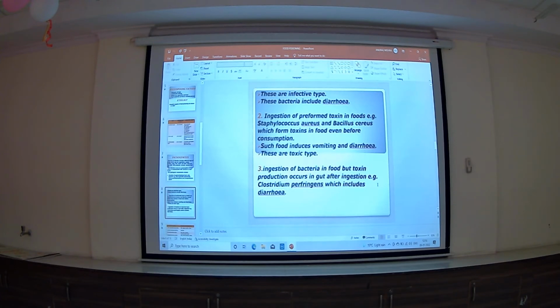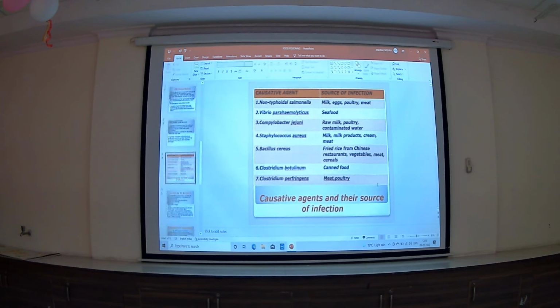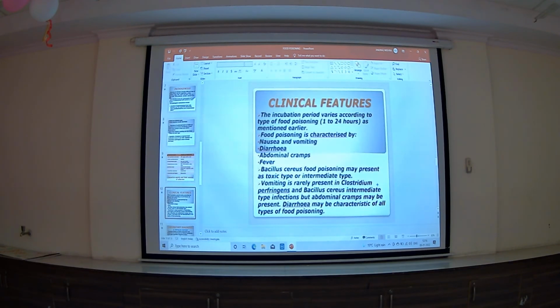Example being Clostridium perfringens, which cause diarrhea.